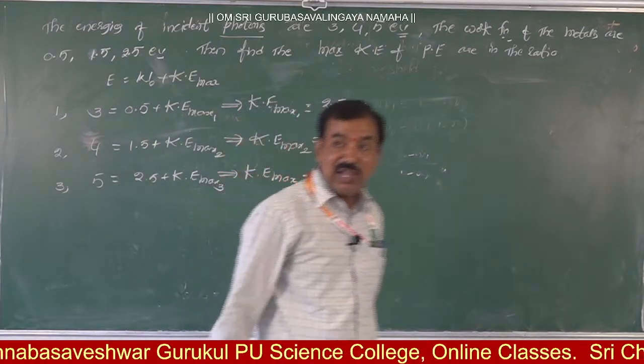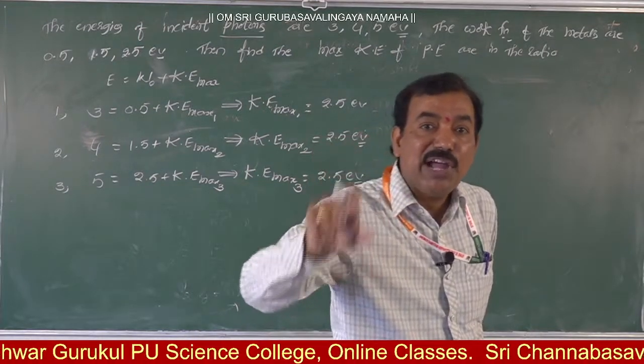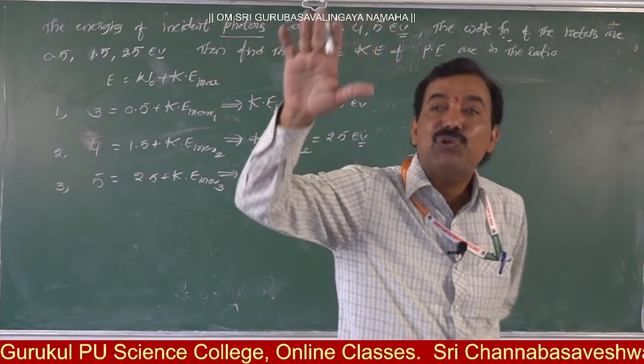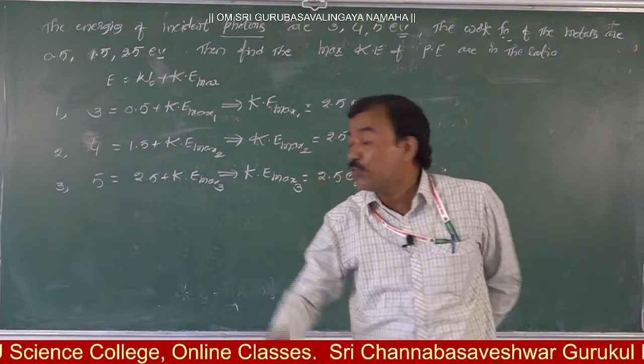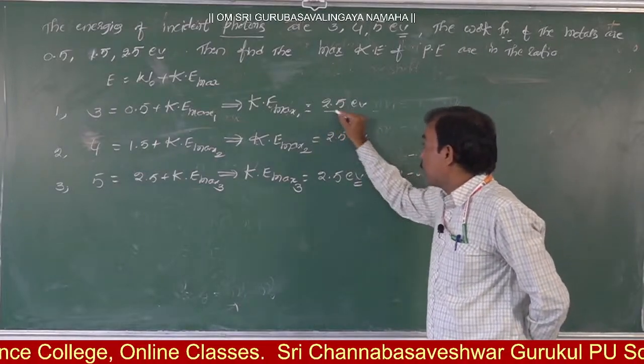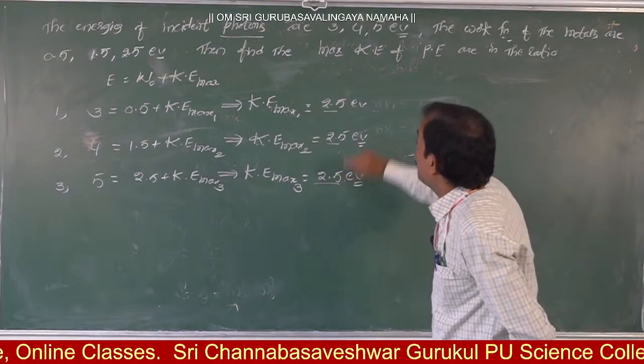So that means in these three different cases, we got the maximum kinetic energy of the emitted photoelectrons as 2.5, 2.5, and 2.5. But what is the question here?